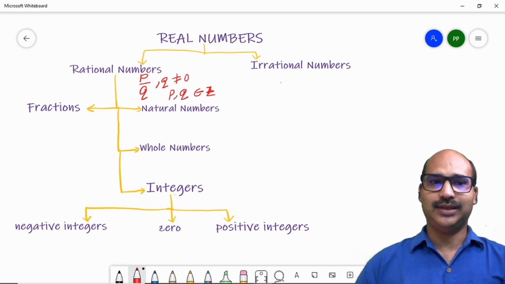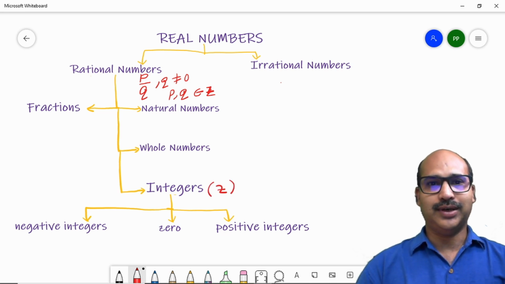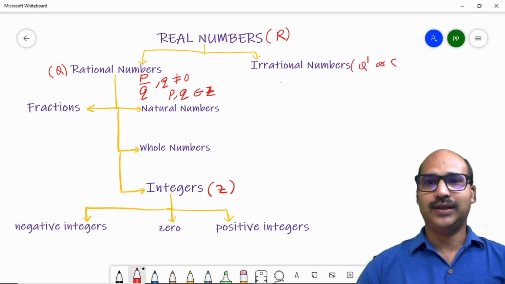Integers are represented with Z, rational numbers with Q, and irrational numbers with Q dash or S. Natural numbers are N, whole numbers are W.